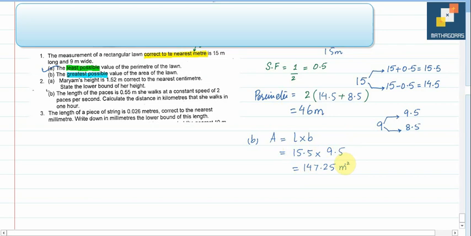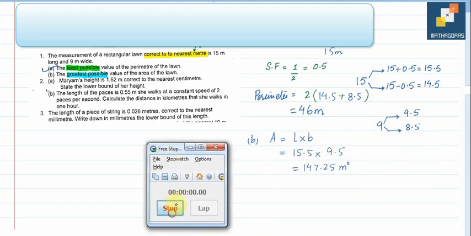So first note down the solution in your copy. You have 1 minute. Start.